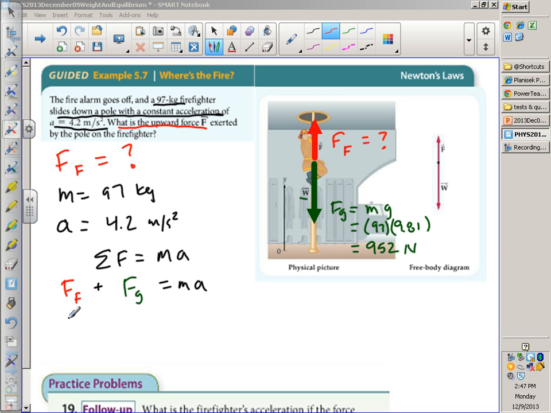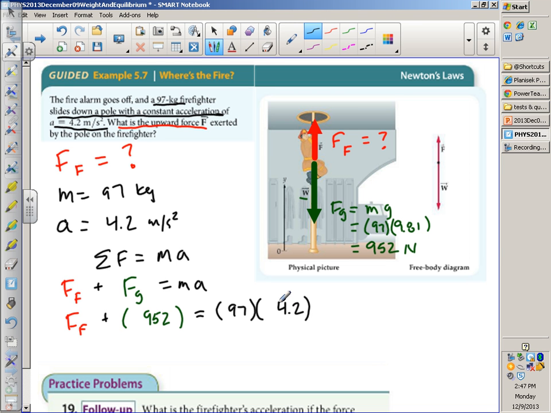We don't know what F of F is, so we'll keep that just as an unknown, plus we just calculated that the force of gravity is 952, and that equals the mass, which they told us was 97 kilograms, times the acceleration, which was 4.2.